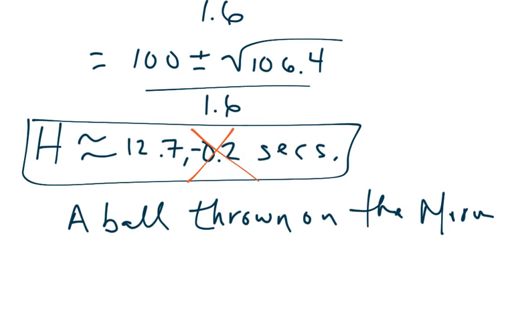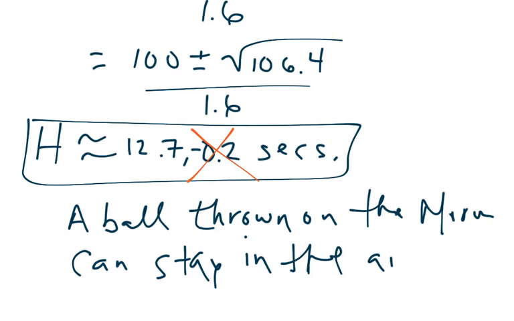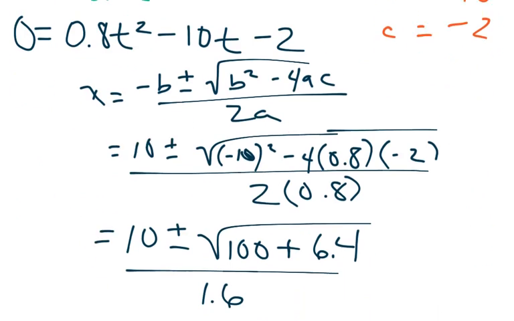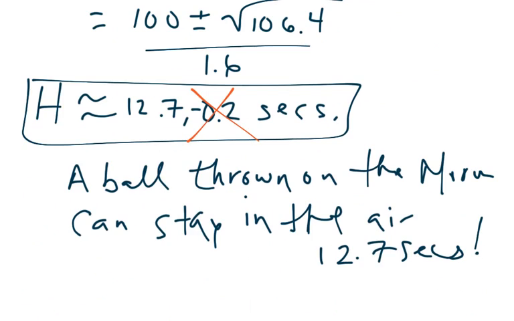A ball thrown on the moon can stay in the air 12 and 7/10 of a second. And if you're interested, go back and redo this formula, substituting in the values for the Earth, because you could compare it and see how much longer or shorter it would be. Use your guessing to figure out what you think it would be.